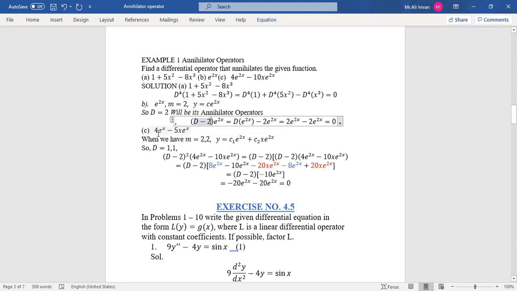Now consider a function like 4e^x minus 5x e^x. This type of function appears when a value of m is repeated.